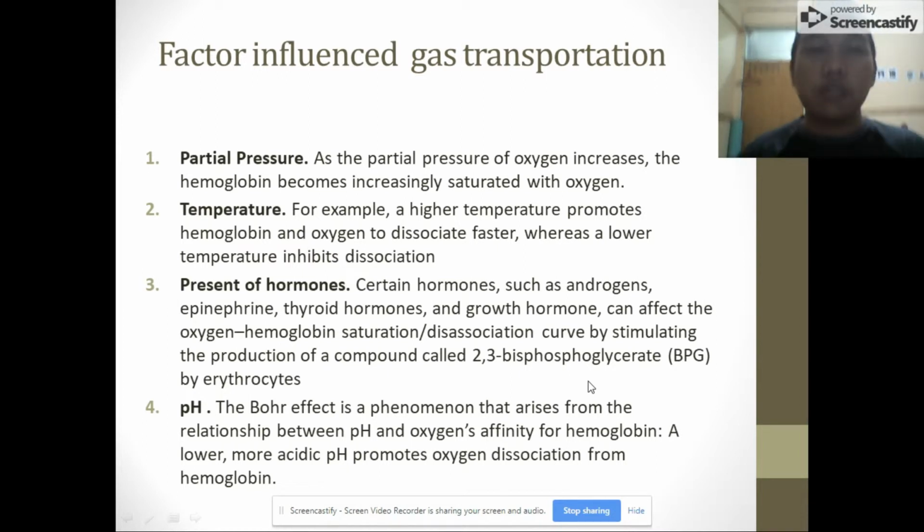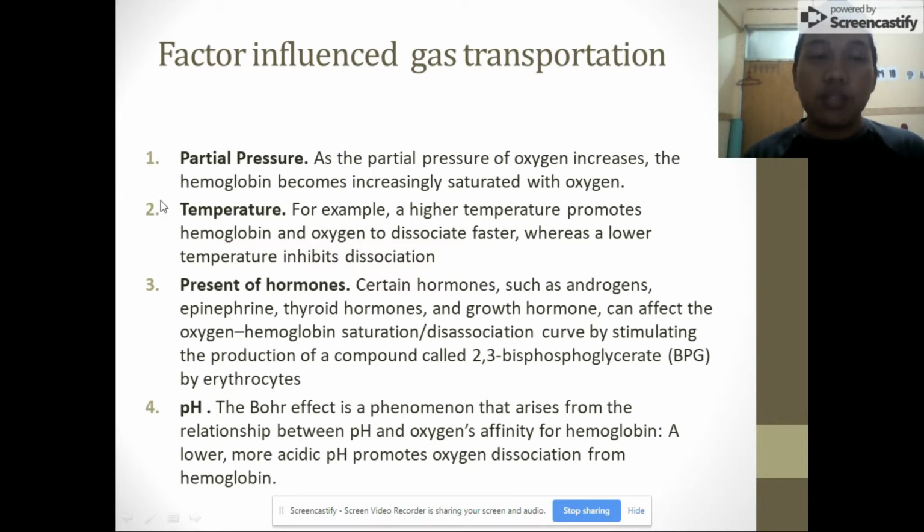So today I will explain the factors that influence gas transportation. Basically there are 4 major factors that influence the transport of oxygen and carbon dioxide in the human or animal body. The first one is the partial pressure. As the partial pressure of oxygen increases, the hemoglobin becomes increasingly saturated with oxygen.